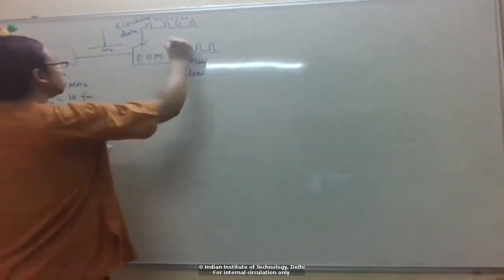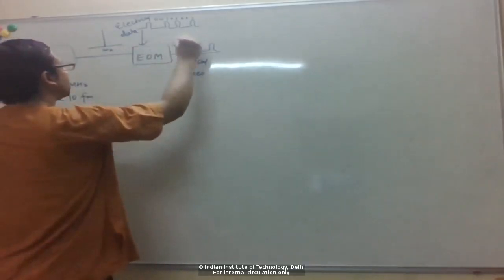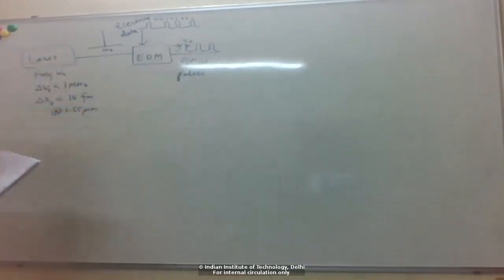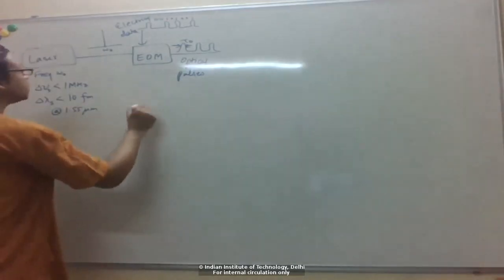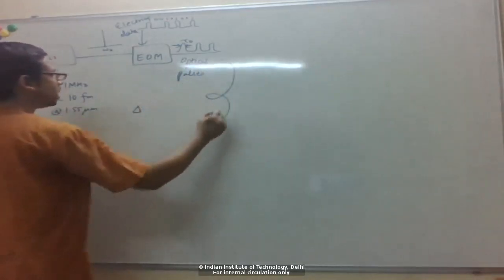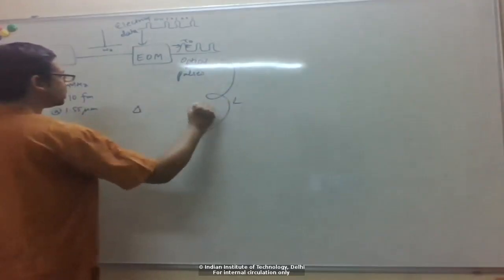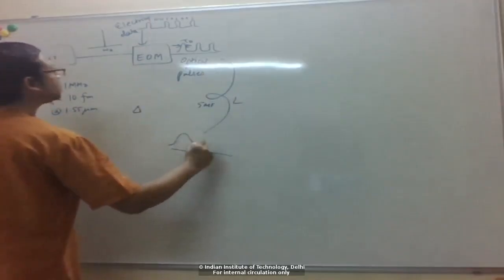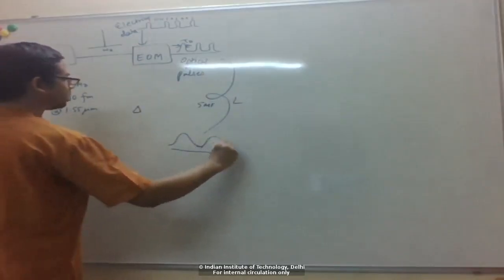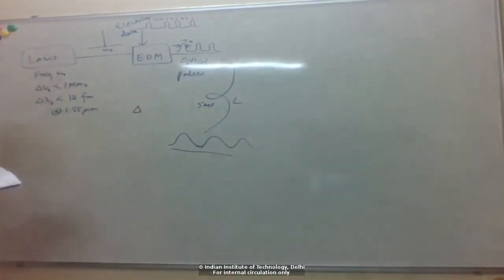Let's say they have some width, again, tau naught. Now we send it through some length of fiber, let's say some SMF of length L, and here they broaden out.